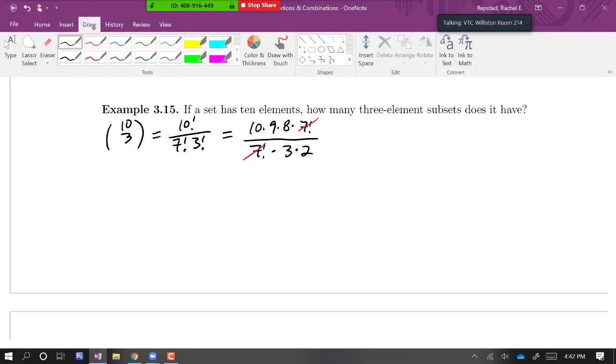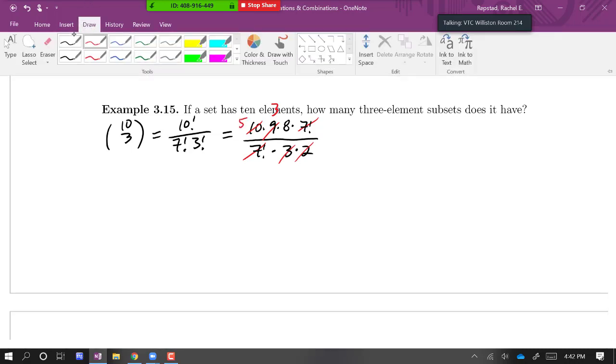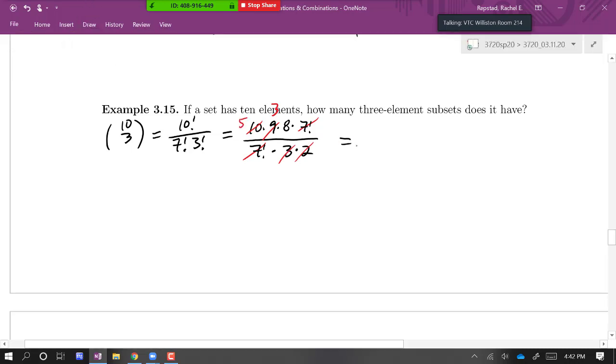And then I can do some reducing. 3 goes into 9 3 times, 2 goes into 10 5 times. So we're left with 5 times 3 times 8, which is, what's 15 times 8? 120. There are 120 3-element subsets.